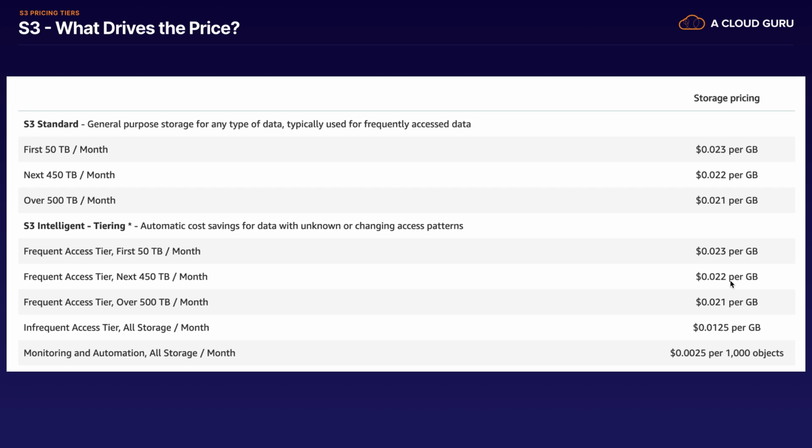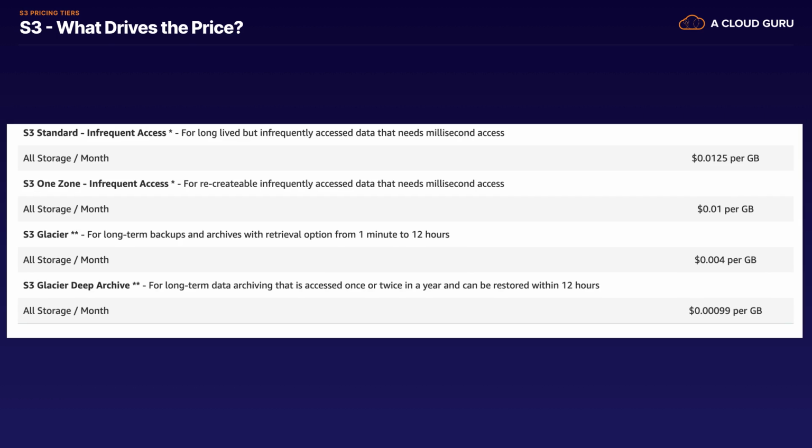If you have objects that are infrequently accessed, it is going to move them over to infrequently accessed all by itself, and that will drop your storage price roughly in half. However, you do have to remember, if you've got a lot of objects, you are going to incur monitoring and automation storage costs, and that is per 1,000 objects.